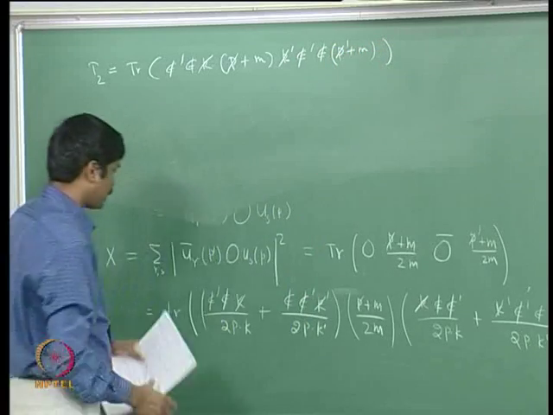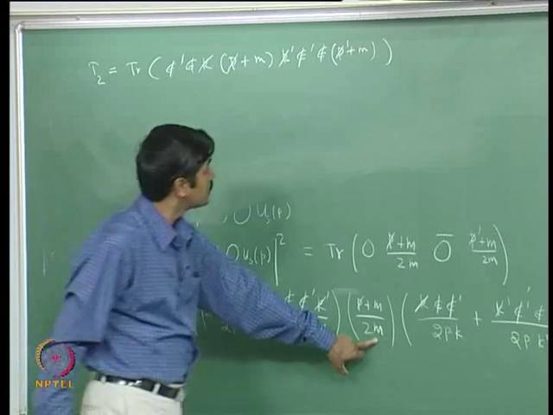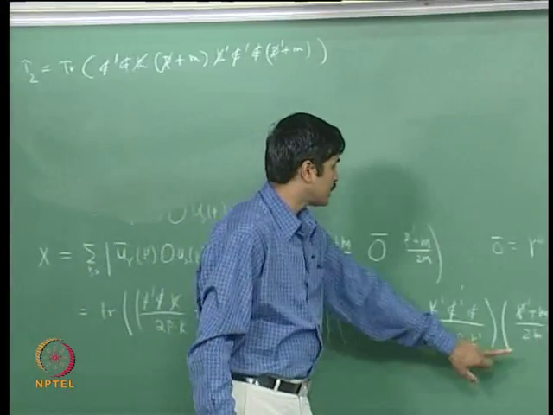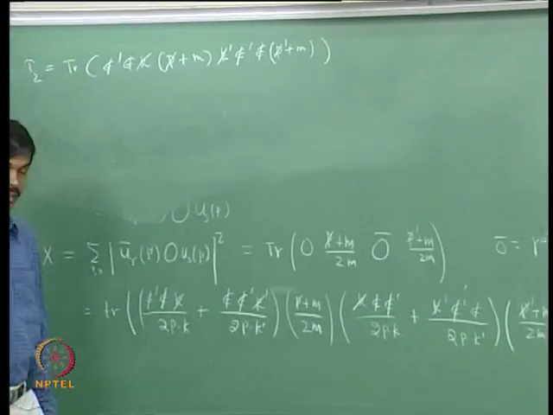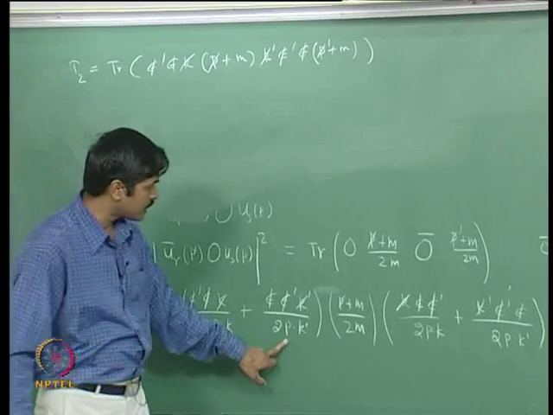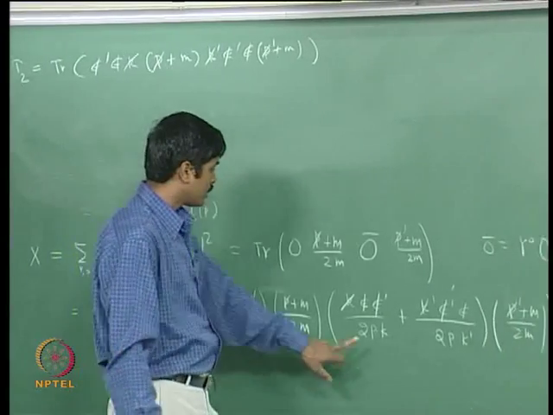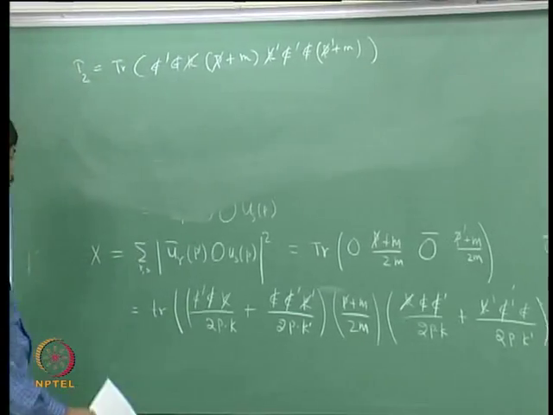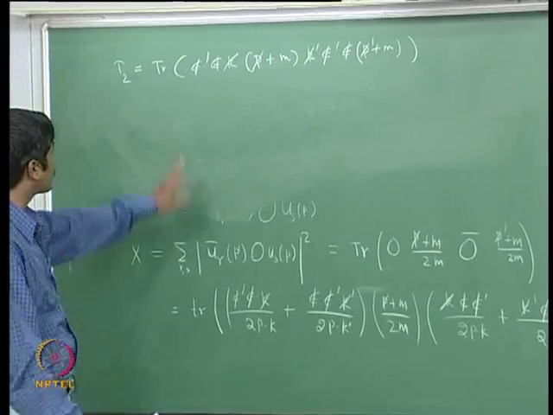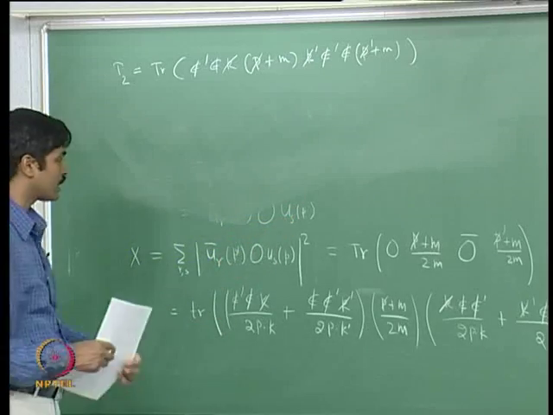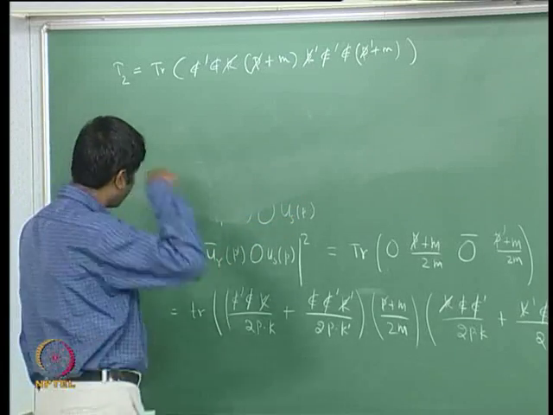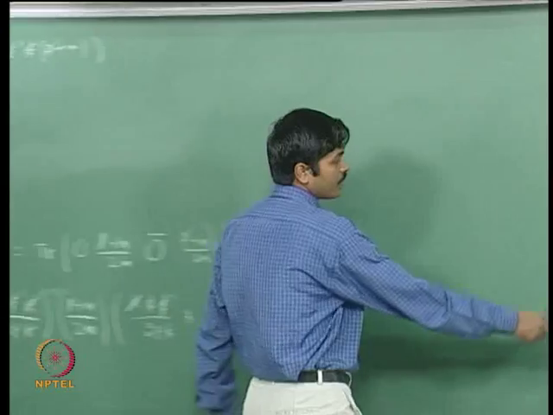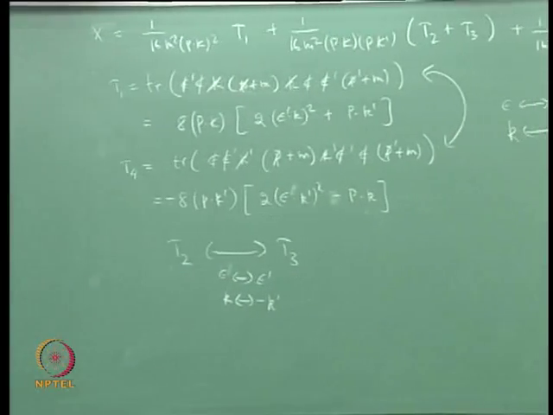So, T2 is the product of this and T3 is the product of this. Okay. So, these are T2s and T3s and you can see clearly that T2 and T3 are related by this symmetry that I have given here.